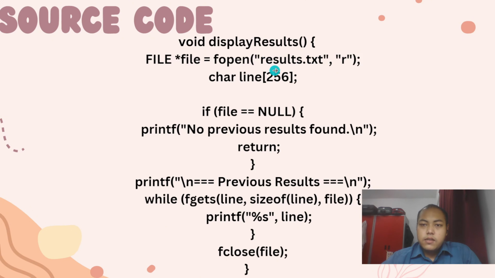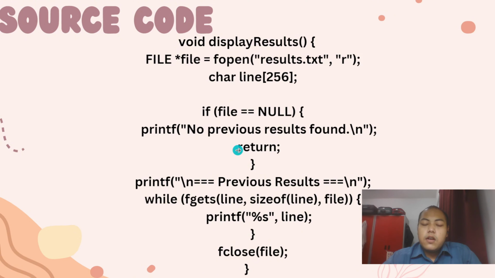So here are the functions to display the results. If the user inputs data in our program, it will be saved into the results.txt file, which is what we named it.